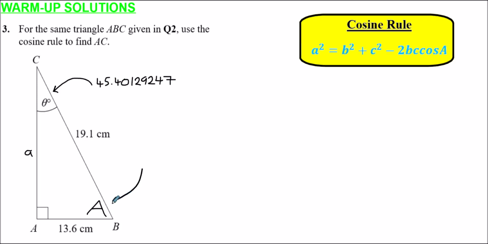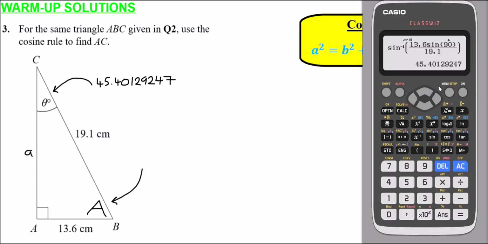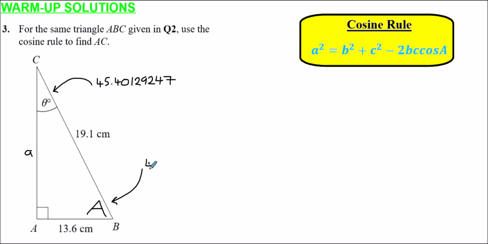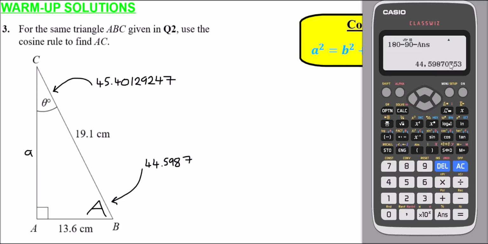We can work out this here by doing 180 minus 90 minus this. So if I just take this answer here and do 180 minus 90 minus that, just using the fact that angles in a triangle add up to 180, we see that this angle here must be 44.5987 and so on, 0753.